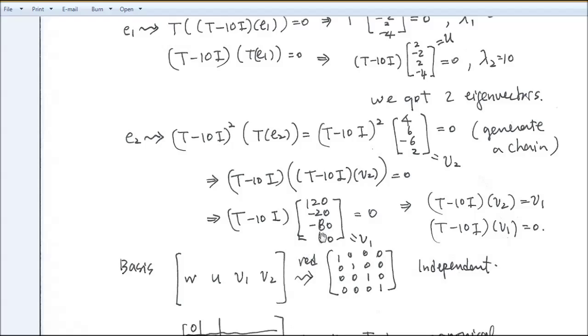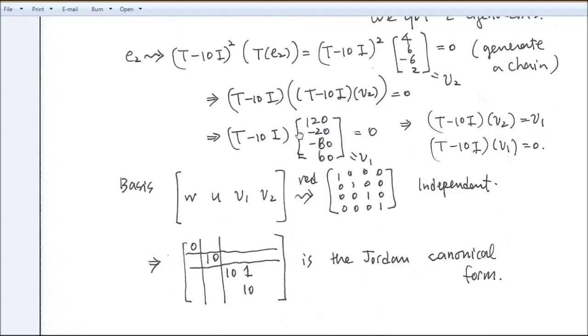But instead of only an eigenvector, I have a Jordan chain. V2 and V1 becoming this. So I have one eigenvector and another eigenvector and a Jordan chain, right? A Jordan chain gives you two independent vectors. So I have 4 vectors now. But that must be it. So I'm checking eigenvalue 0, eigenvalue 10, eigenvalue 10 with Jordan chain.